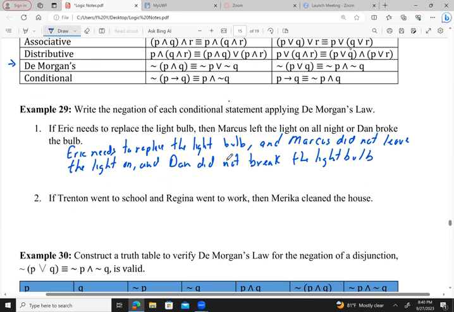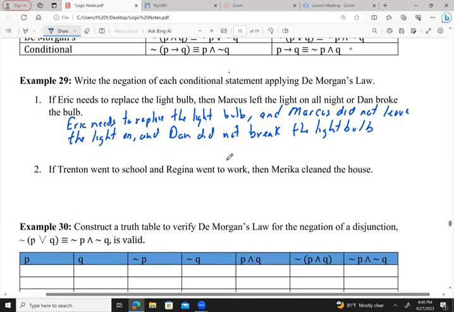Then let's look at another example of this. If Trenton went to school and Regina went to work, then America cleaned the house. So again, our first statement stays the same. Trenton went to school.